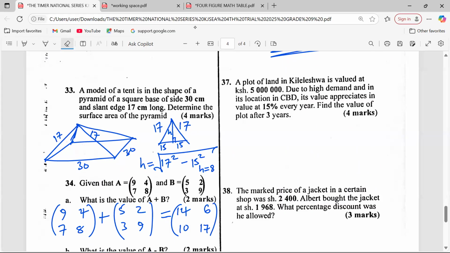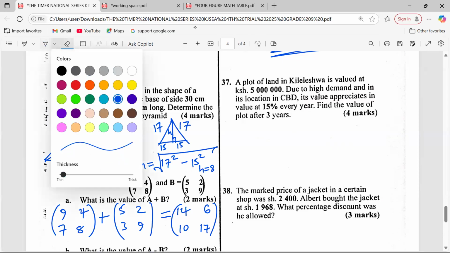Due to high demand and its location in the CBD, it appreciates in value at the rate of 15% every year. Find the value of the plot after 3 years. So after 3 years, we expect appreciation. It is increasing in value after every year at a rate of 15%.